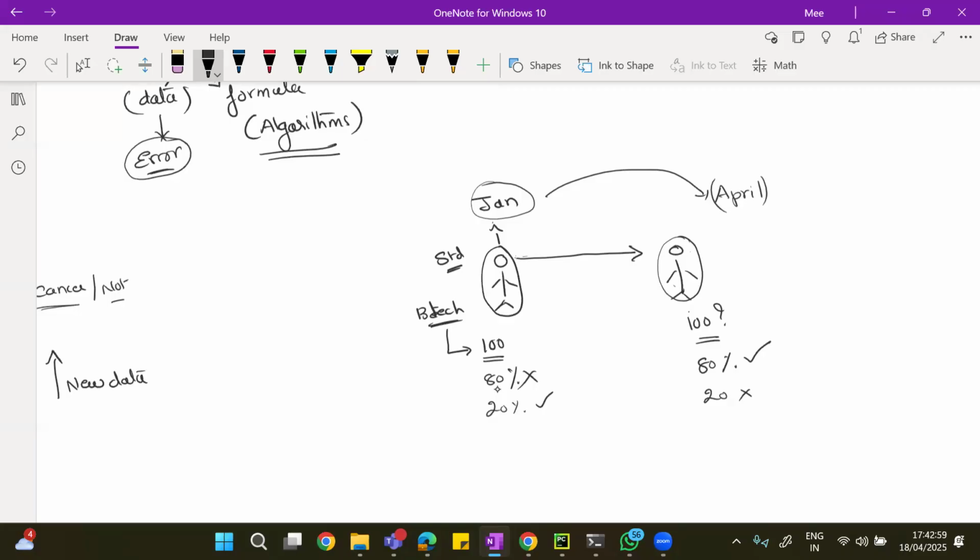Now again, in these three months, he will not put on weight, he will not put on height or something. He will be the same guy. But how is it that he was not able to answer the questions over here, and he is answering the questions over here? That is, he went through different sources of data and he acquired the knowledge. So what are the sources of data?